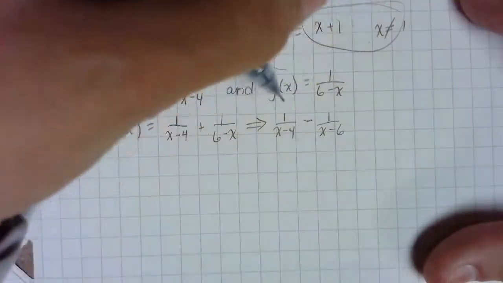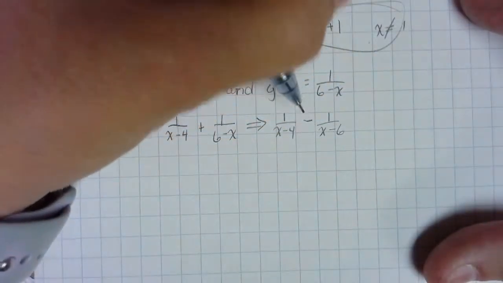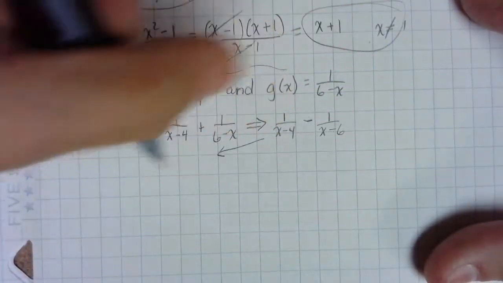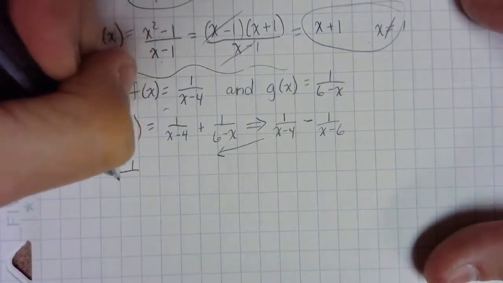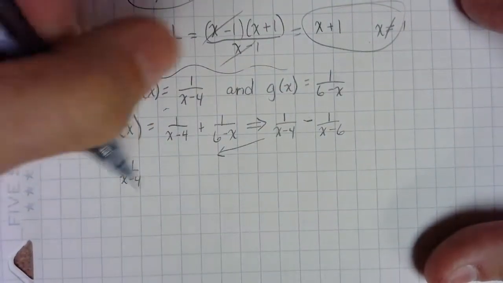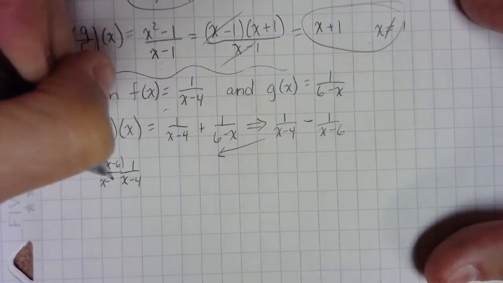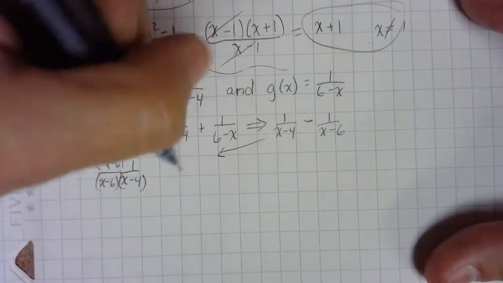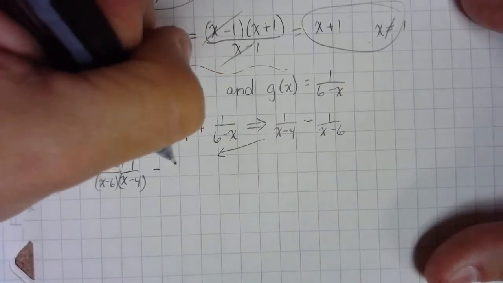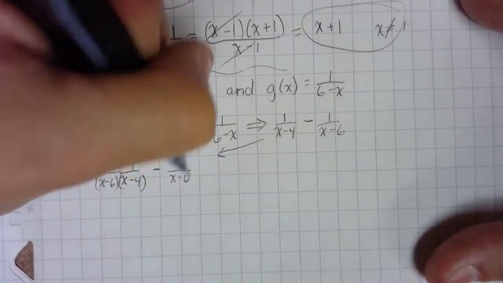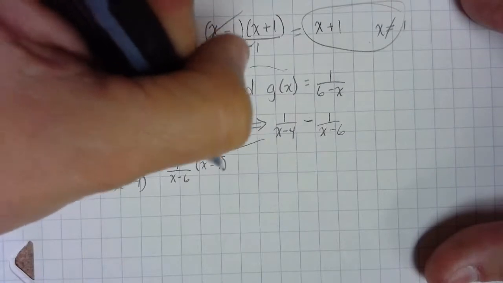In order to get them to be the same, I'm going to rewrite the whole thing. I would have to take the 1 over x minus 4 times x minus 6 over x minus 6. Be liberal with your parentheses. Minus the 1 over x minus 6 times an x minus 4 over x minus 4.